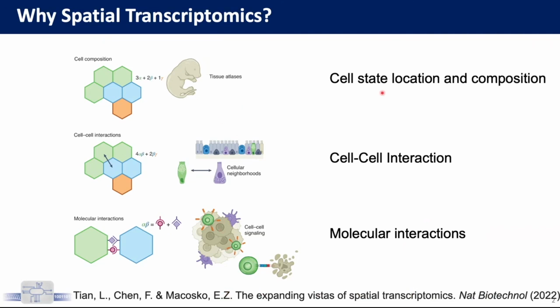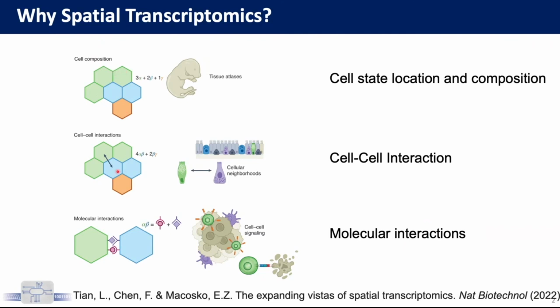These very high resolution technologies like MERFISH allow us to map not only the cell state location, but also give us a very good measurement of the cell composition within any given tissue.